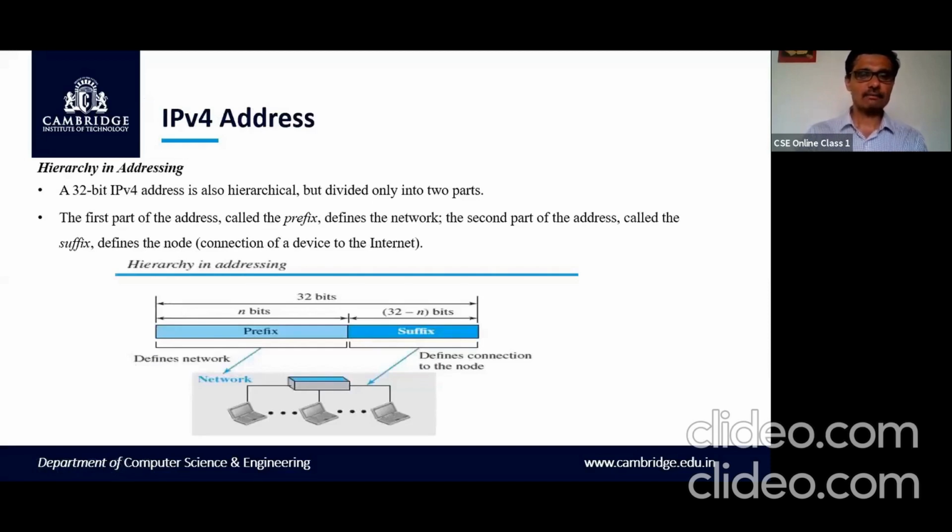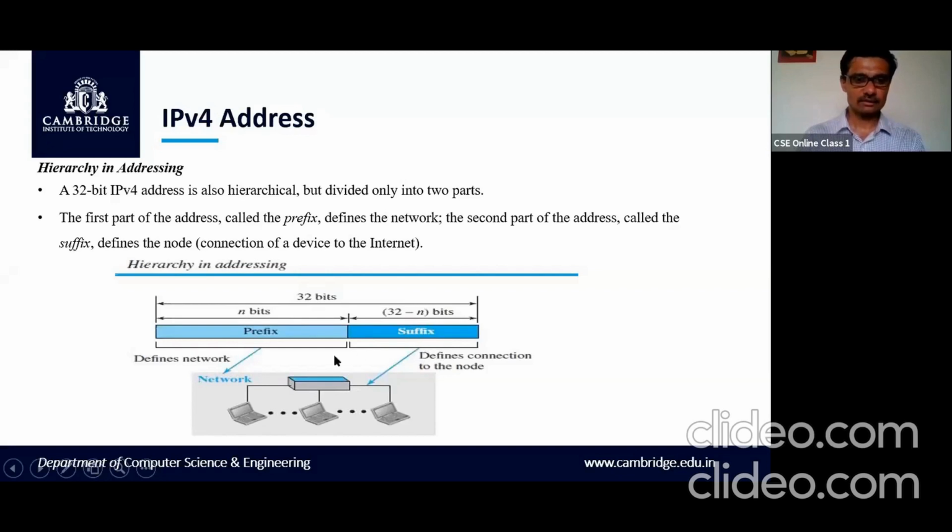This IPv4 address has two fields. The first field, the higher part, is called the prefix, and the second field, the lower part of the address, is the suffix. If the prefix has n bits, then the remaining 32 minus n bits are allocated for the suffix.